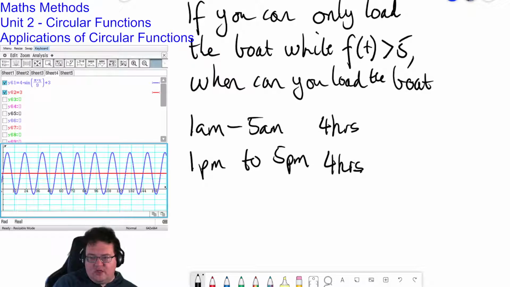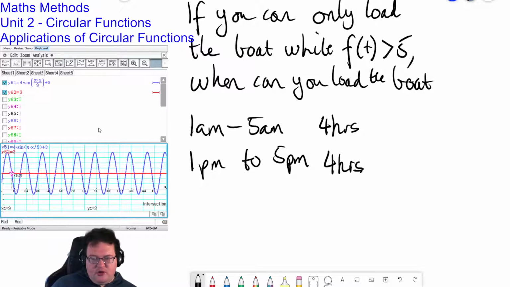So over the course of a whole week, that's what the water's going to look like. And if I was to try and just solve what I've got going on here, find the intersection between 3 and my graph, I'm going to have all these strange numbers.